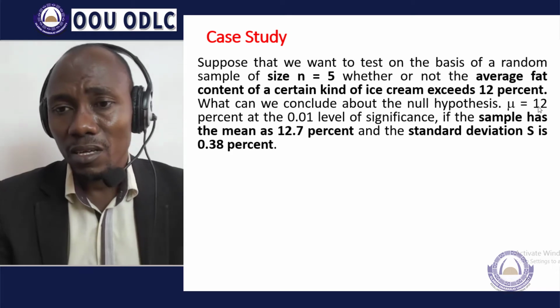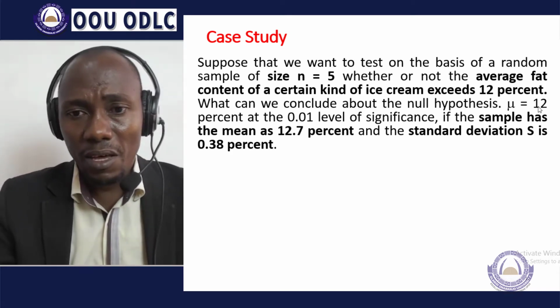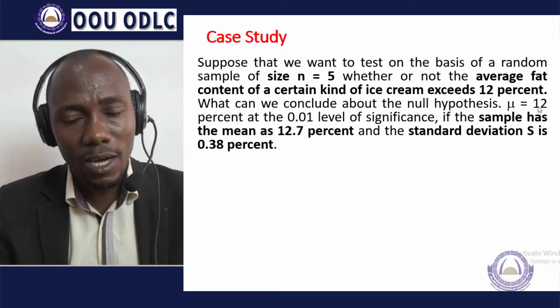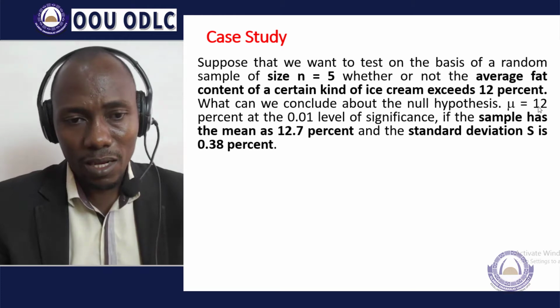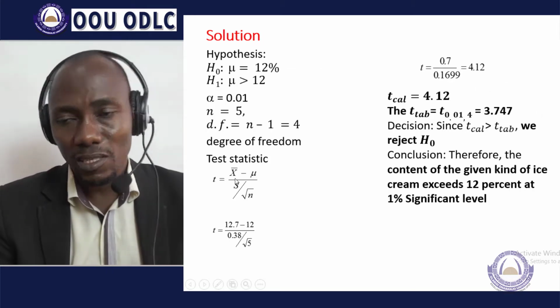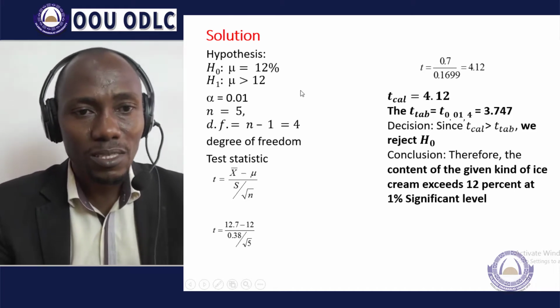So obviously the sample mean is greater than the population mean here, and the sample standard deviation is given as 0.38%. So the appropriate test statistic to be used is T. So let us go by the procedure of hypothesis testing.